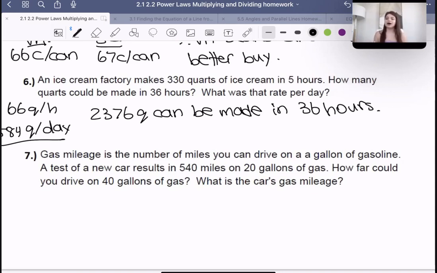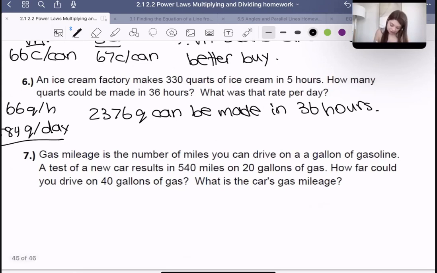But they also ask, what is the car's gas mileage, or how many miles per gallon of gas can we get? So for that, we must do 540 miles divided by 20 gallons to find out that the gas mileage on this vehicle is 27 miles per gallon, right? And that's something when people buy cars, they care about. They want to get more miles for every gallon so that they're saving money on gas and not spending tons of money when they could get a car with better gas mileage.